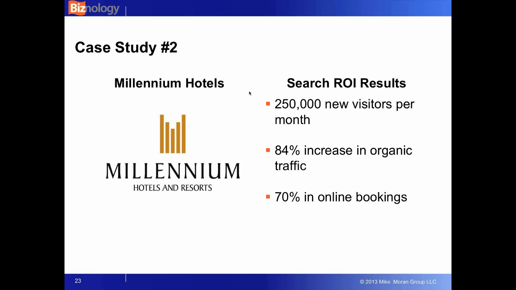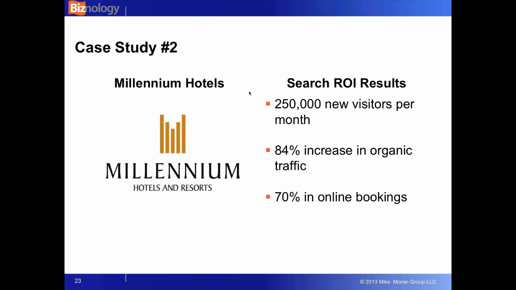So it was approached based on seasonality, and as you saw from the Google Trends document, that is something that would clearly have been identified if anybody was researching words related to a brand over a period of time. And what they saw as a result of this seasonal strategy to search was 250,000 new visitors per month coming to their website, which was generating an almost 90% increase in their search and a 70% increase in their online bookings.